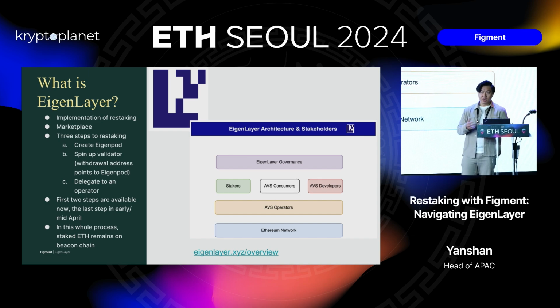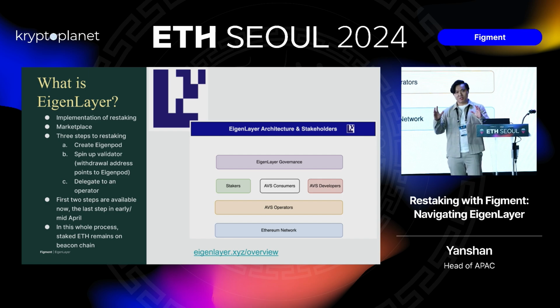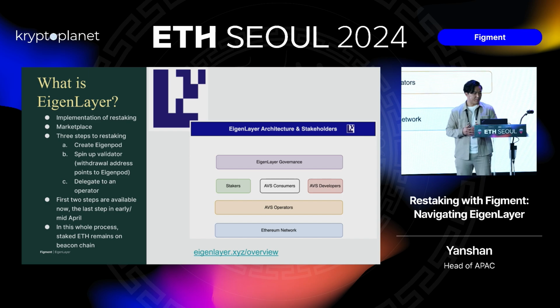And number three are the node operators, who run the AVSs, right? So essentially, it's all about demand and supply, if you think about it. The demand coming from you guys, the builders, building on the AVSs, and the supply coming from the restakers and the node operators, basically just a bridge in between.